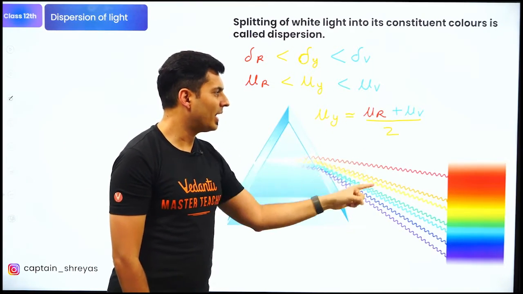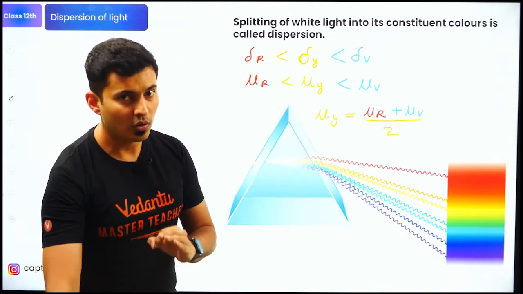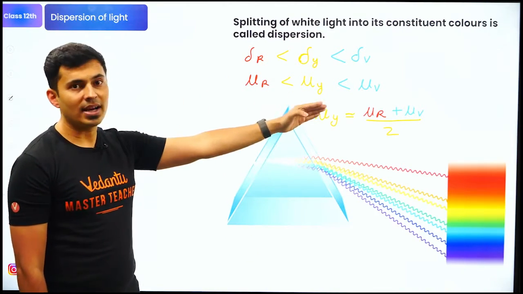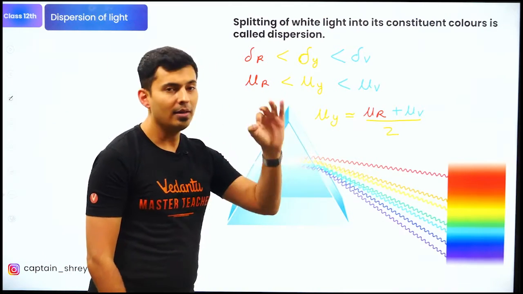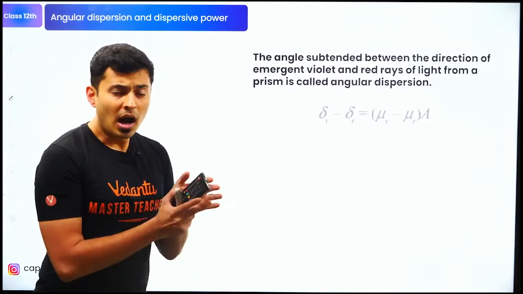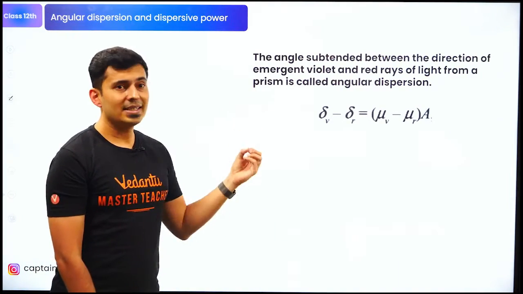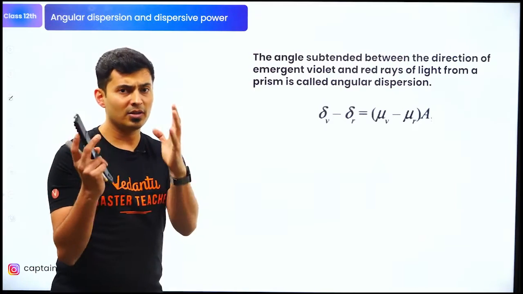Red plus violet divided by 2 gives you the yellow color. You should also know the order in which the deviation or the refractive indices are arranged: red deviates the least, violet deviates the highest. Moving ahead, how much the light spreads is defined by two important parameters: the angular dispersion and the angular dispersive power.